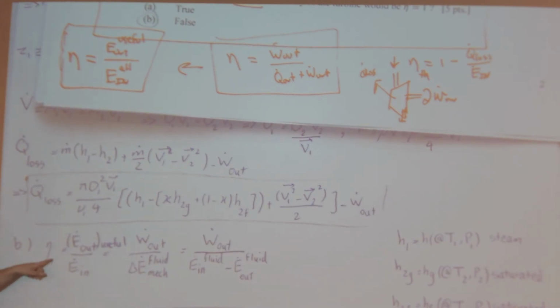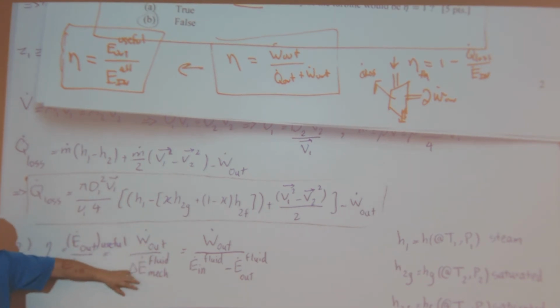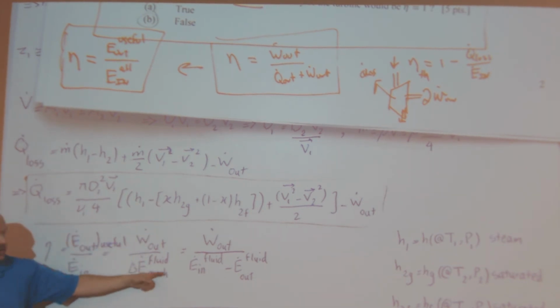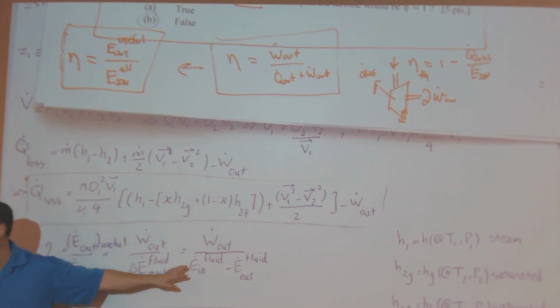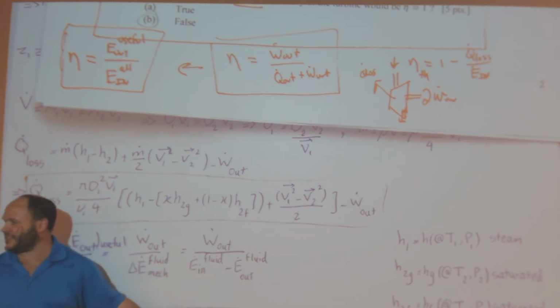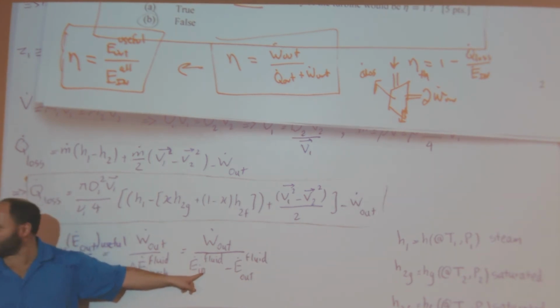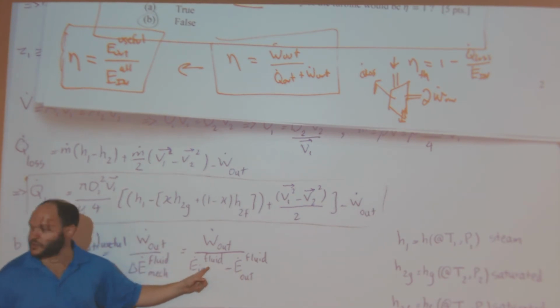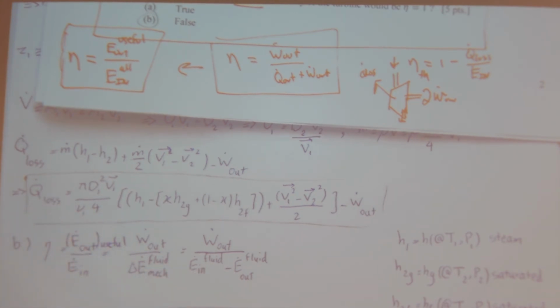The efficiency is E out useful divided by E in, all the forms of energy in. Then you can rewrite it in this form, because this was equal to Q out minus work out, but that's not going to be true. This isn't equal to Q out minus work out when Q out is 0.